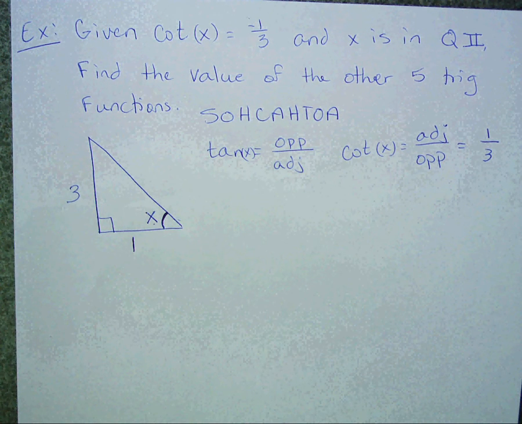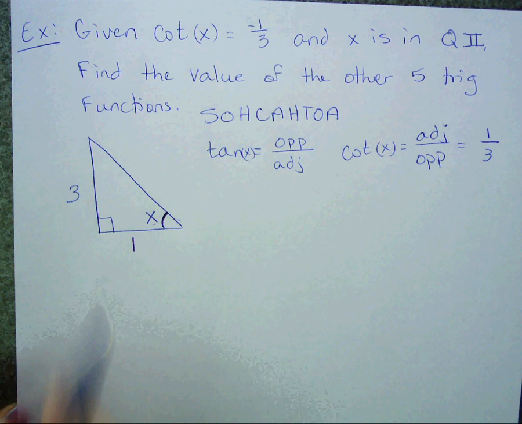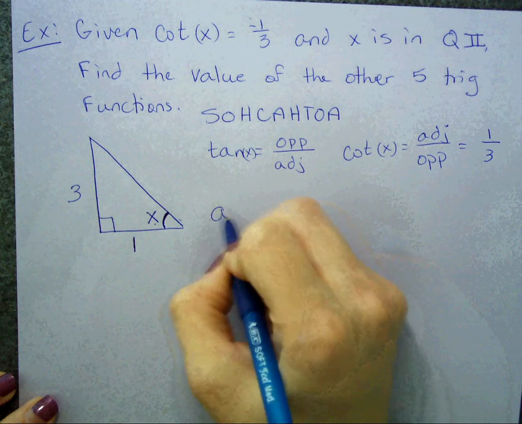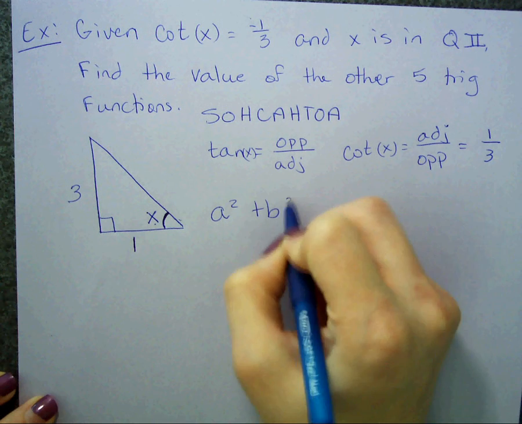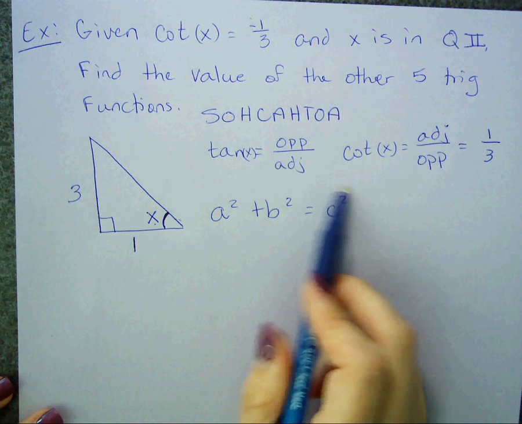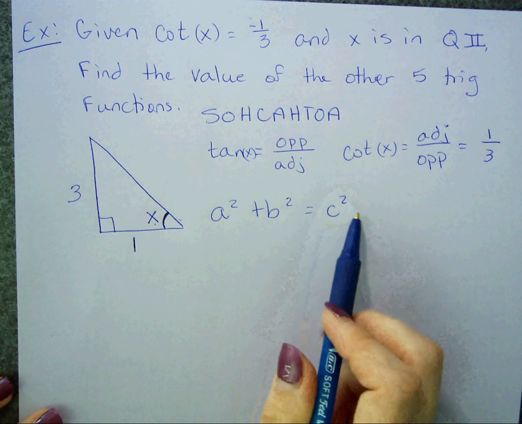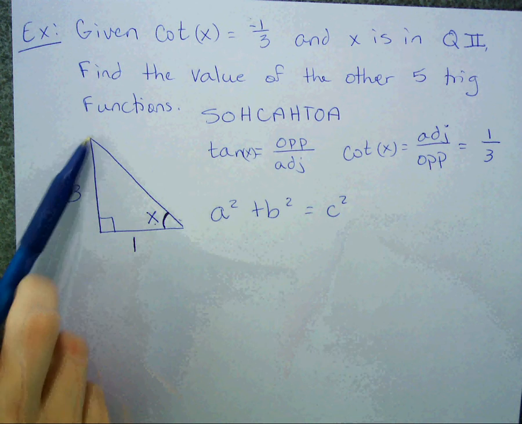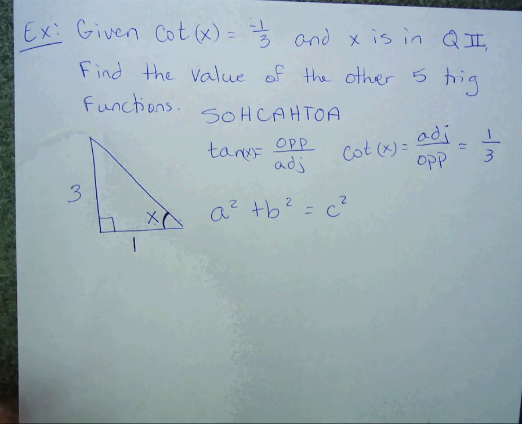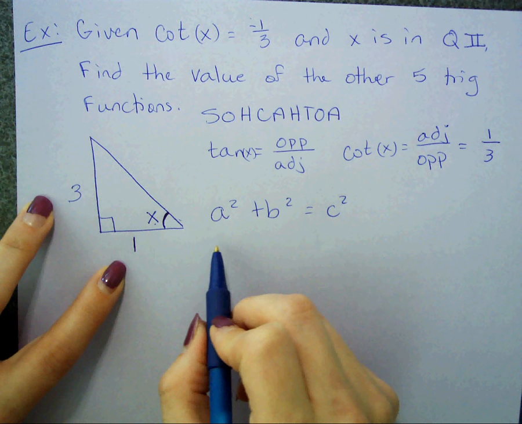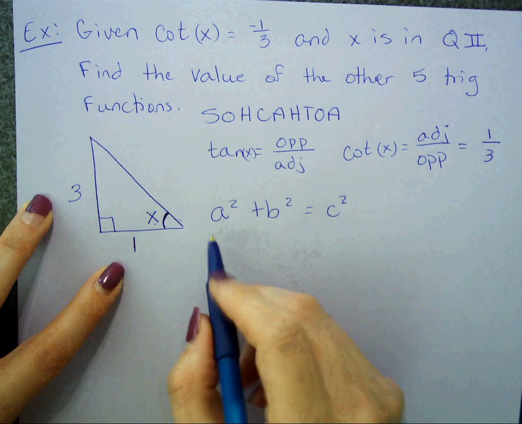And so I'll use the Pythagorean theorem to find, in this case, my hypotenuse. Remember, the Pythagorean theorem is a squared plus b squared equals c squared. C is always my hypotenuse. In this case, that's what I am looking for. It does not matter which side you choose to be A, which side you choose to be B. It'll come out the same.